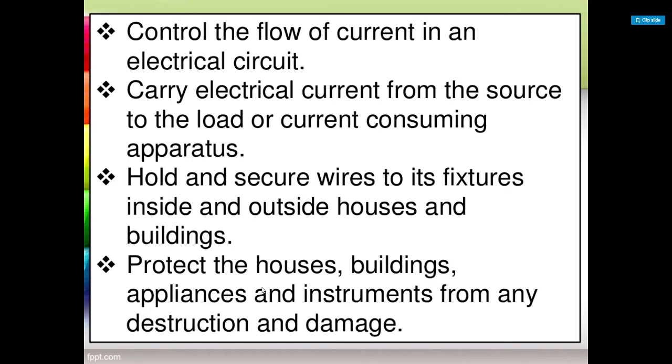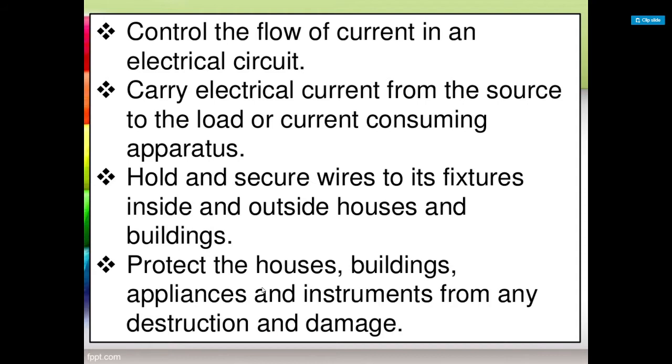They protect the houses and buildings by, for example, when you use so much electrical energy at one time that is beyond the capacity of your wires. In order for your house or building not to burn because of overloading, an electrical material will cut immediately or break and burn instead of your house.